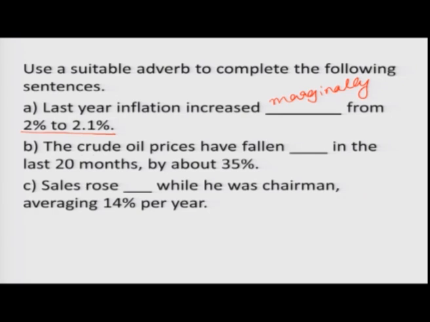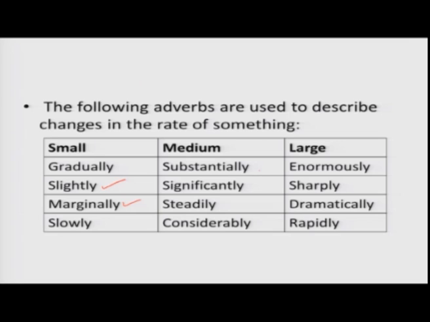Look at the second one: The crude oil prices have fallen blank in the last 20 months by about 35%. So, you think this is huge, this is very significant. You can go back to the table and look at this column here. You can choose something from here.